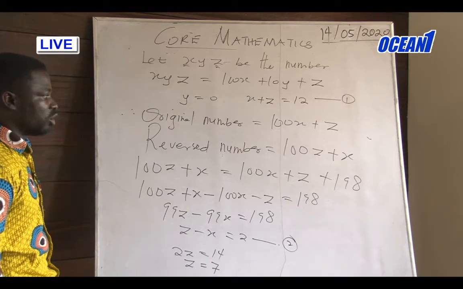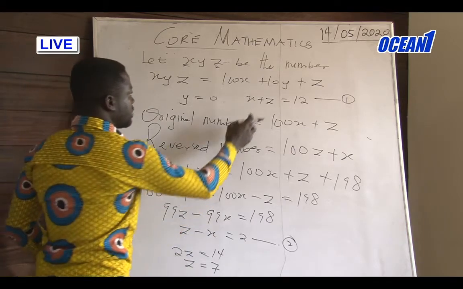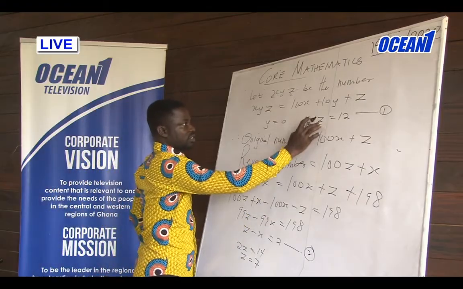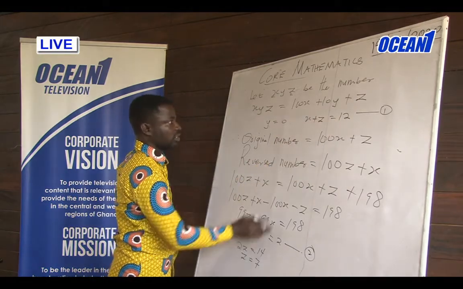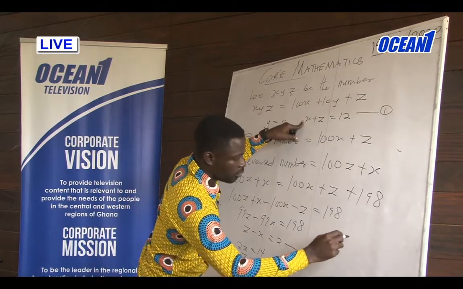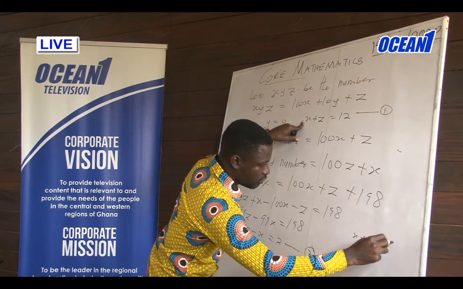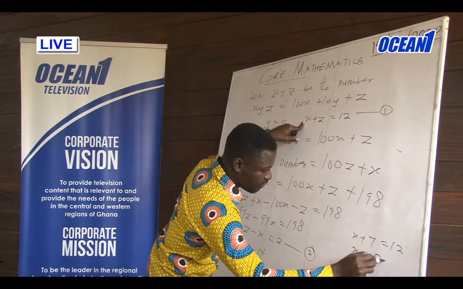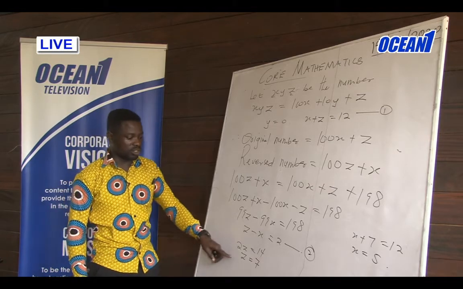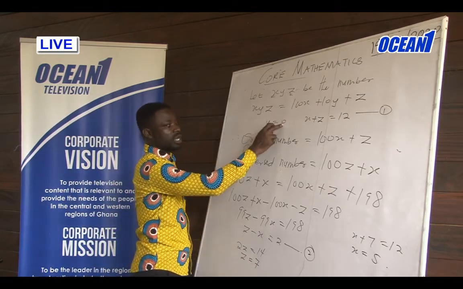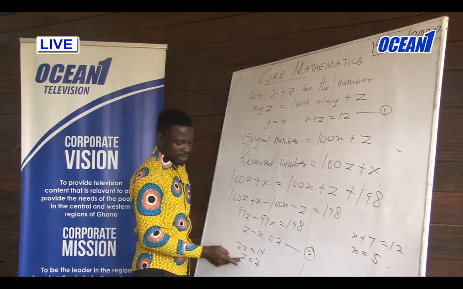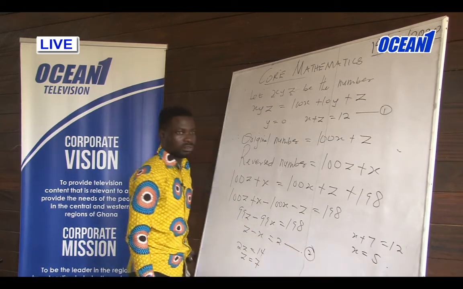Now that z is equal to 7, and z plus x is 12, we have x plus 7 equal to 12. It means that x is going to be 5. So now I have x equal to 5, z equal to 7. Already y is 0 because they said the middle digit is 0.